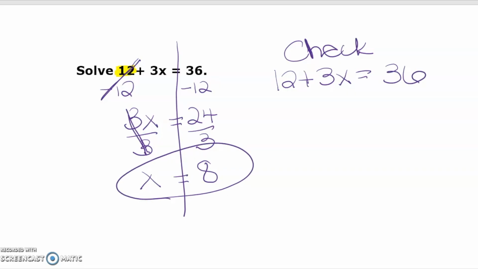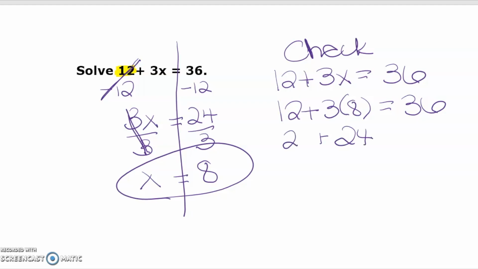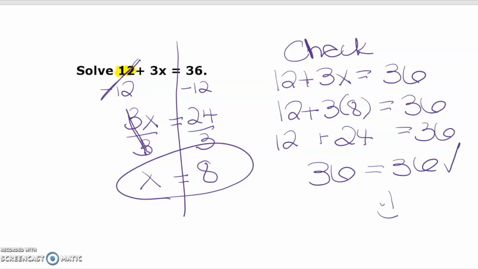Don't forget, that's my answer. 12 plus 3 times 8 equals 36. 3 times 8 is 24. Again, I'm tempted, but I'm going to put my Post-it there. 12 plus 24 is 36. Both sides came out the same, so I know I'm good. But again, this is my answer that I'd be putting down. This is just checking my work.